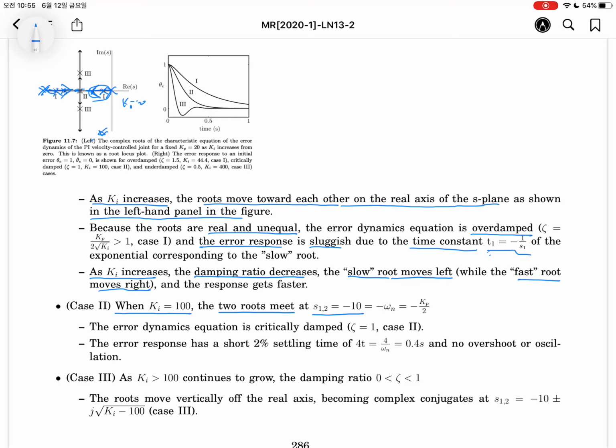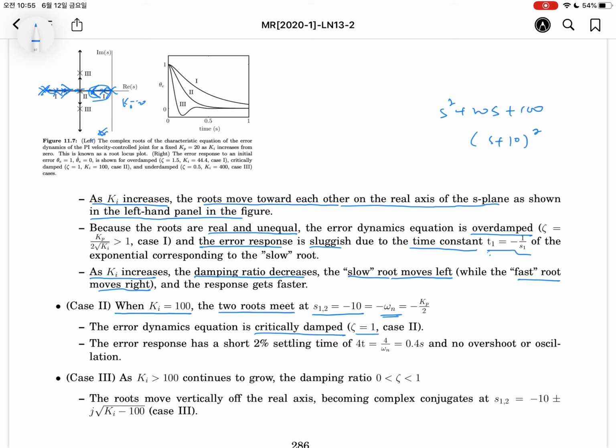For Ki equal to 100, we have two roots at minus 10, because s squared plus 20s plus 100 factors into (s plus 10) squared. So we have two roots here.